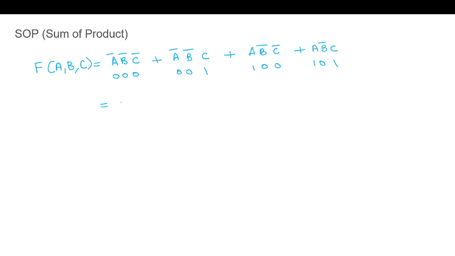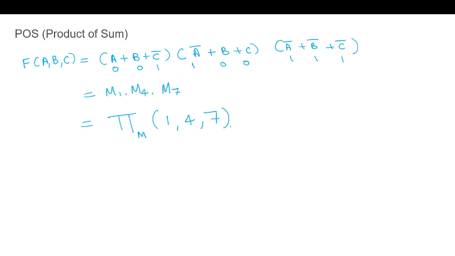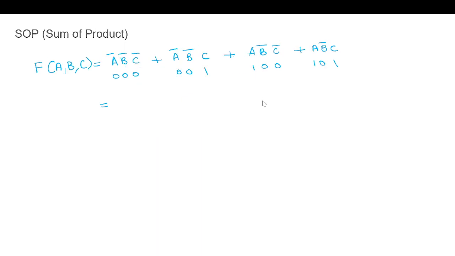There it was the max term, and here we have the min term. So we can write M0 plus M1 plus M4 plus M, and here it is denoted as summation of M 0, 1, 4.